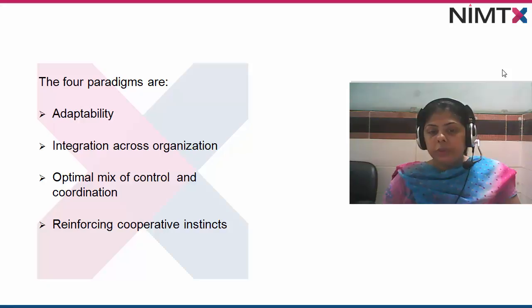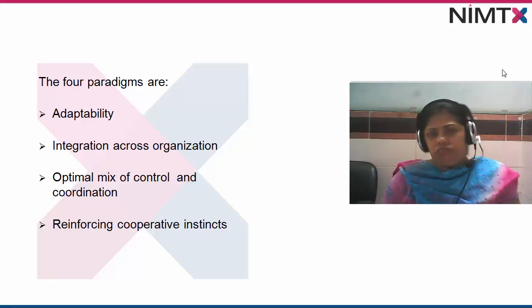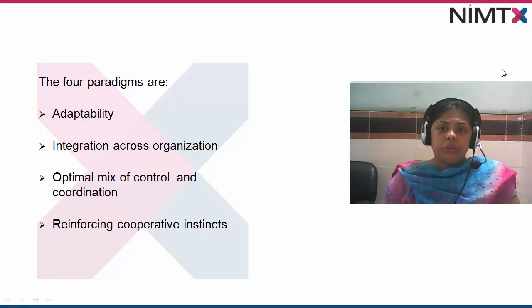reinforcing cooperative instincts. Adaptability, what do we understand? Adapting to a situation, changing. We all know change is inevitable. So if change is inevitable, we have to adapt to it. You cannot have a thought process which was in the 1970s or 1980s in 2014 or 2015.